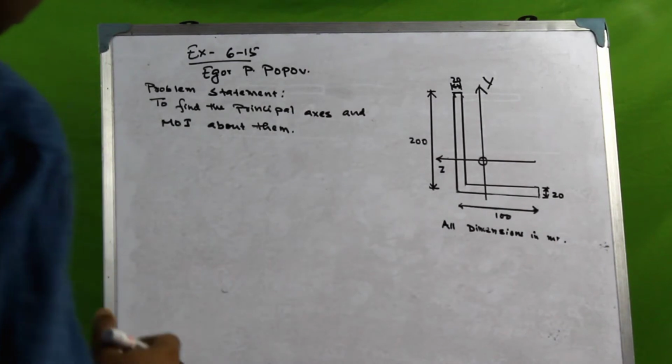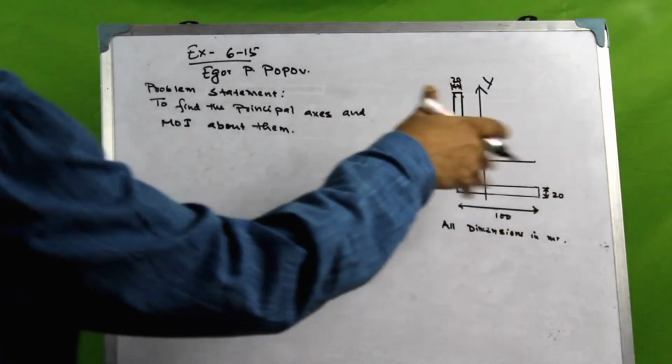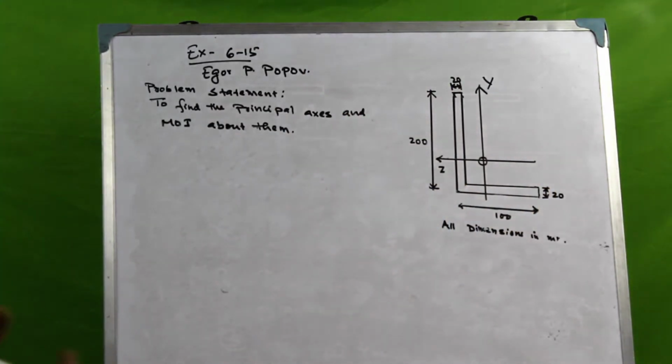All right, so we will start with this problem which relates to an angle section. This problem is taken from the book Solid Mechanics by Igor P. Popov, and the problem statement is that we want to find the principal axis of this angle section and the moment of inertia about the principal axis.